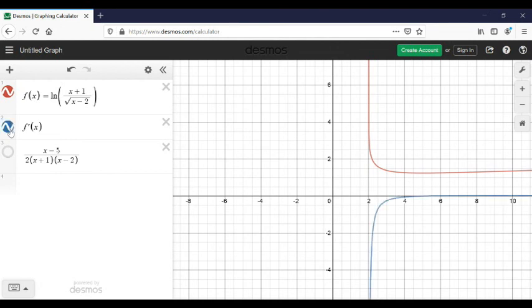But if we are not careful to pay attention to the domain, and we just think of the function that we have derived as (x minus 5) over 2 times (x plus 1) times (x minus 2), this is what we would get, which is not quite right. Our derivative is only defined on the interval from 2 to infinity. And that's all for this question.